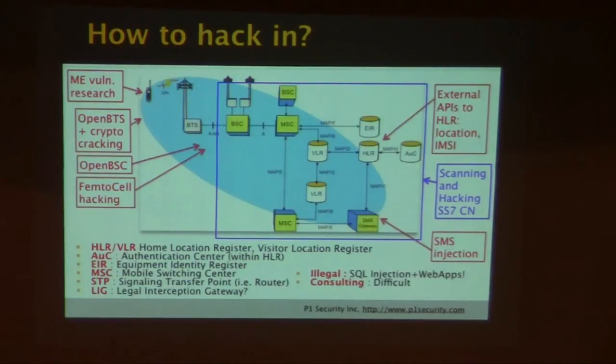Then you can also do consulting in order to know more about SS7, but the problem is that very few organizations give you access to these. It's very hard. But one interesting thing is that if you have a product, they will be really happy to see if it works on their network.